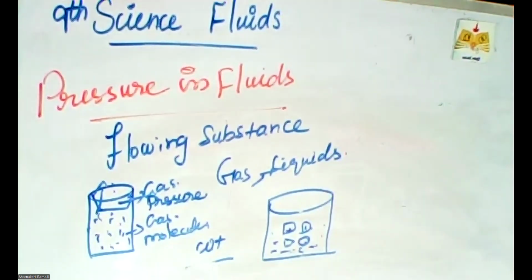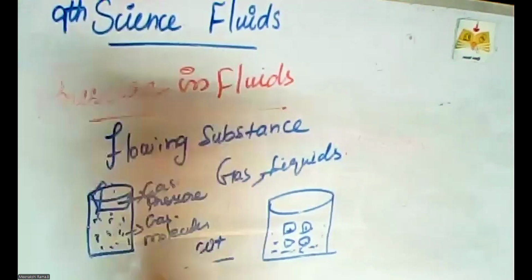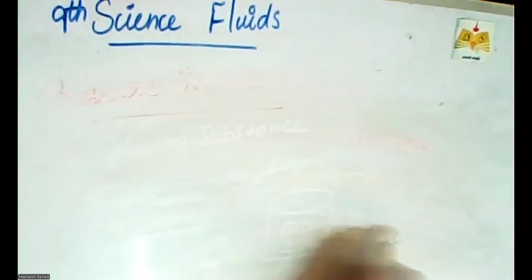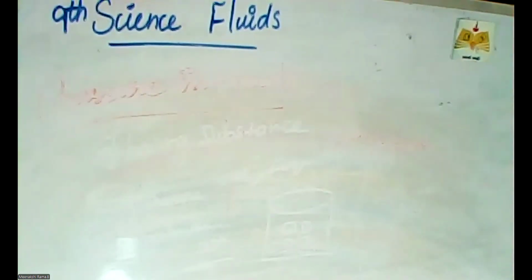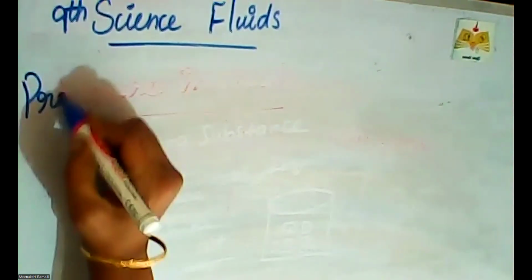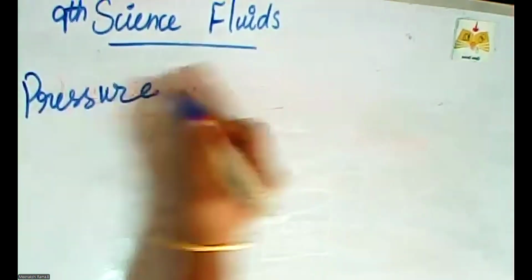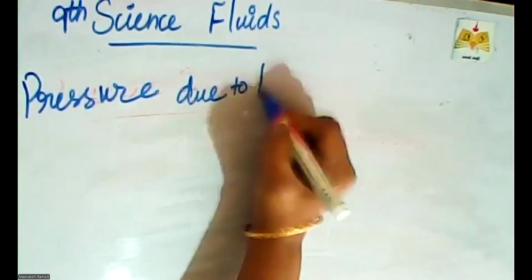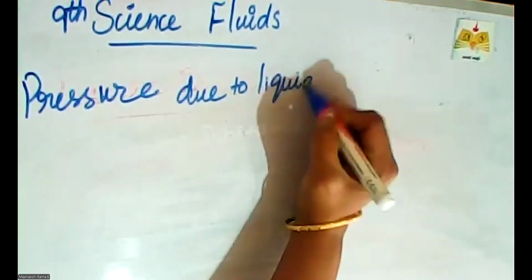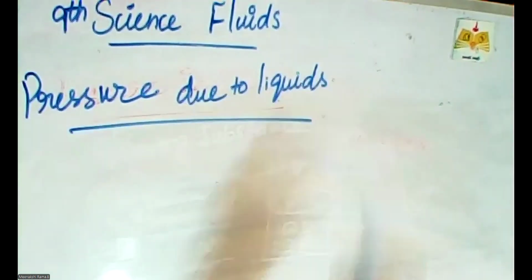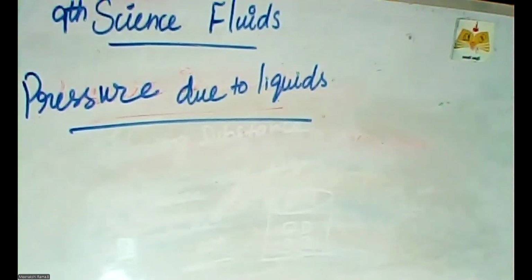For example, an air-filled balloon immersed inside the water is the best example for the pressure due to liquids. The force is exerted on the submerged body, on the walls of the container, always perpendicular to the surface.